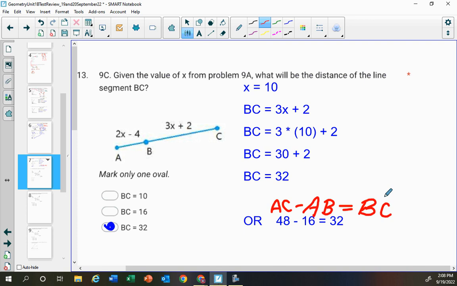Give you a moment to think about that one. Now, I think the next problem might be the hardest problem out of the whole bunch. I'm going to straight up say it right now. The next problem, I think, will be the hardest.